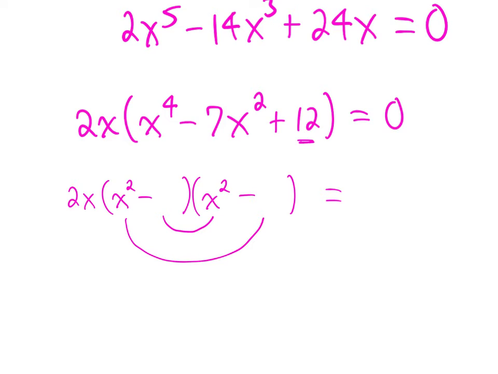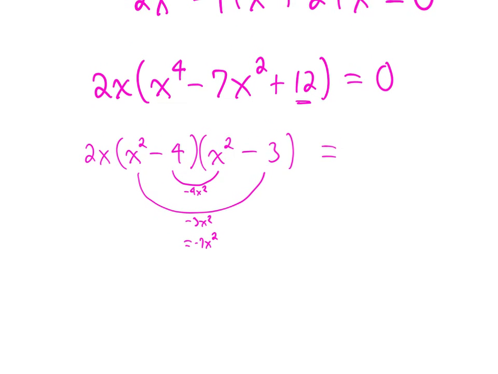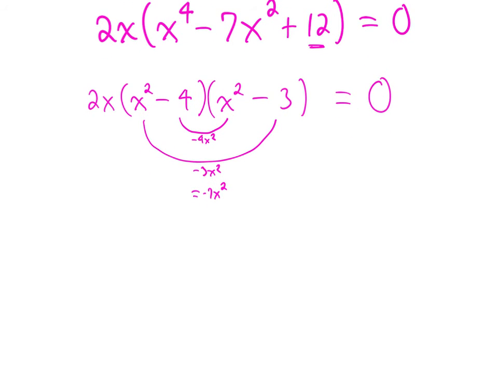What numbers add to 7 that are factors of 12? Well, we can do 4 and 3. If we do that, we get negative 4x squared and negative 3x squared, which equals negative 7x squared. So we know we got the right factorization here. Now we have 2x times x squared minus 4 times x squared minus 3.